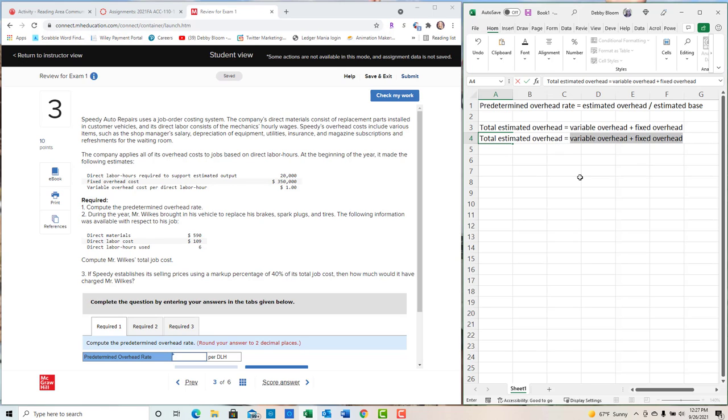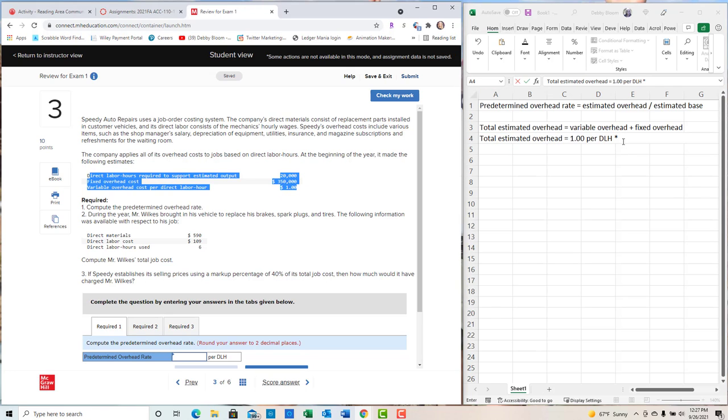The variable overhead is $1 per direct labor hour. Multiply that by the 20,000 direct labor hours. Once again, I'm just looking at the 3 lines over here of the estimates.